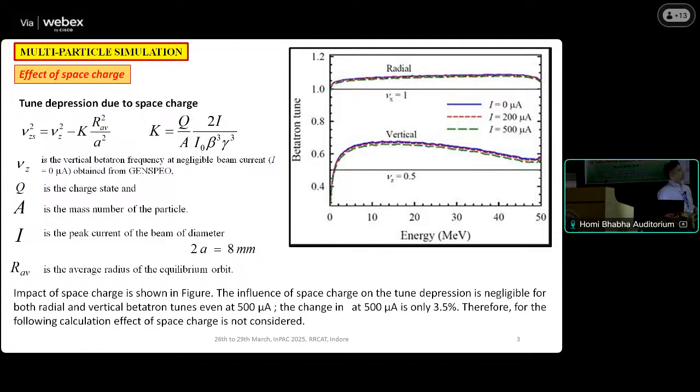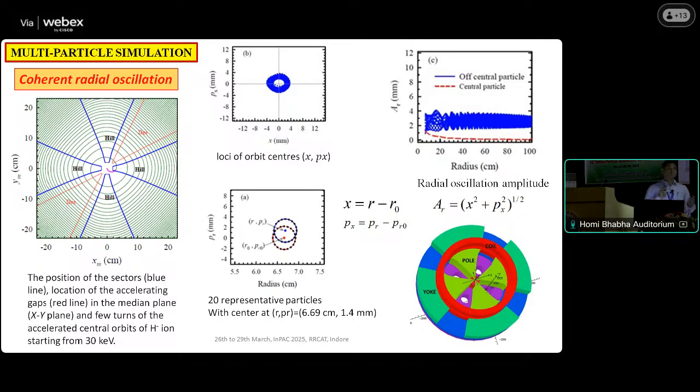For that we determined the tune depression from this relation, and we found that for 200 microampere and 500 microampere, they are very close to the zero value. At 500 microampere there is only a 3.5% deviation. So for the present calculation we have ignored the space charge, though there is an effect, which we have indicated in our paper, but it is also required. Without space charge, calculations are also required.